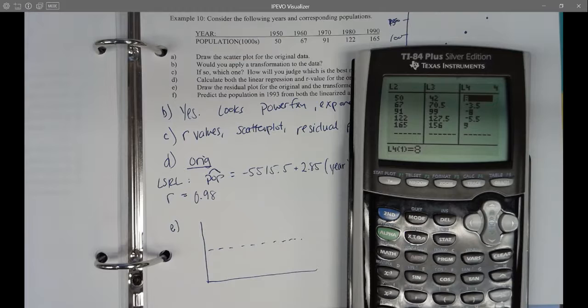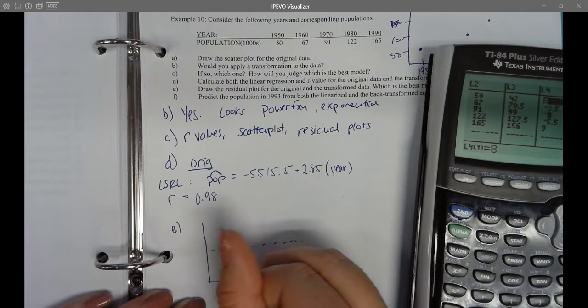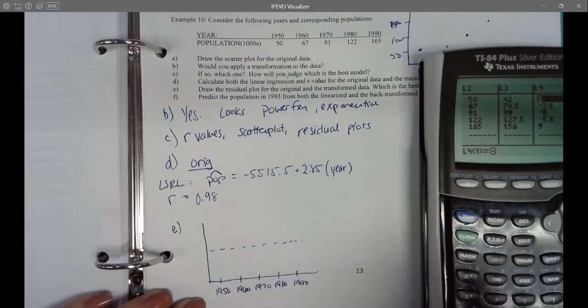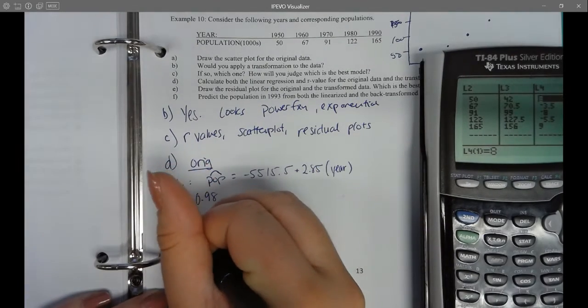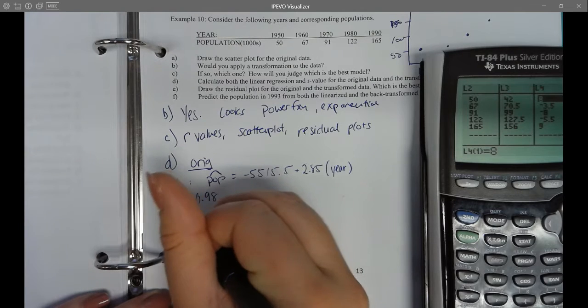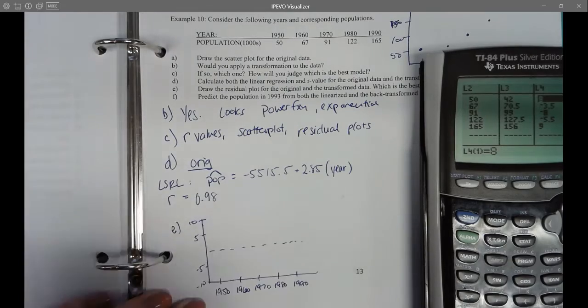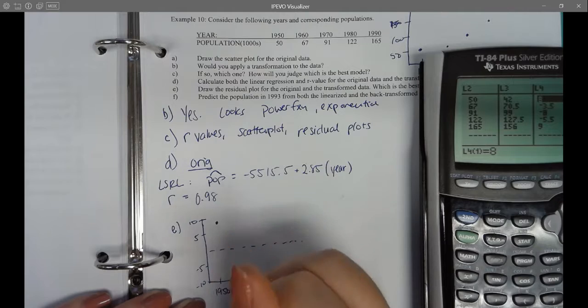You are welcome to graph this on a scatter plot on your calculator. With this little of values, I think it's easier just to go back over to your graph and let's graph them here. We're going to keep our same x-axis for a residual plot. I have a residual of 8. It's going to be somewhere up here. Okay, so a residual of 8, a residual of negative 3.5.